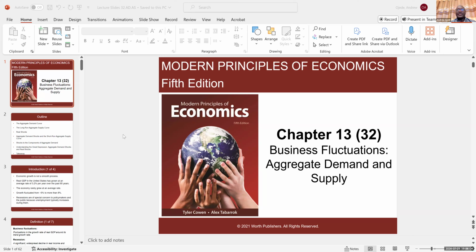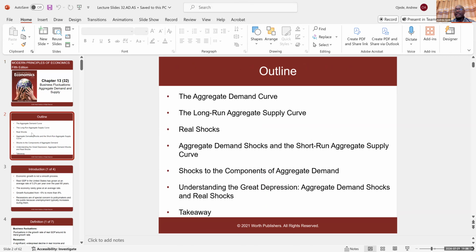Okay, so you can see the chapter there is business fluctuations, aggregate demand, and aggregate supply. So here's going to be the outline of this chapter. We're going to talk about a curve called the aggregate demand curve. In the microeconomic chapters that we talked about, because remember, this course combines both micro and macro, we talked about a chapter on demand and supply.